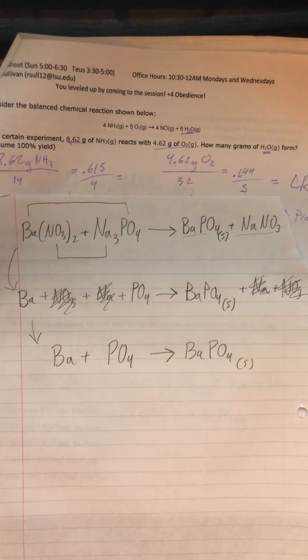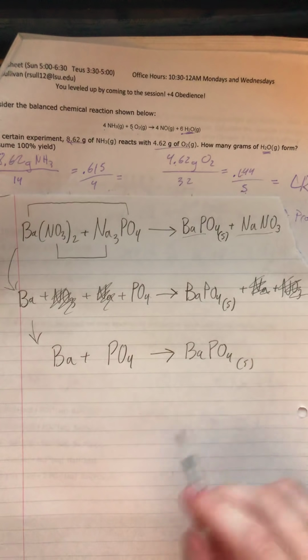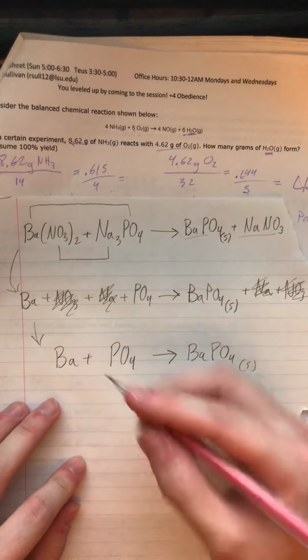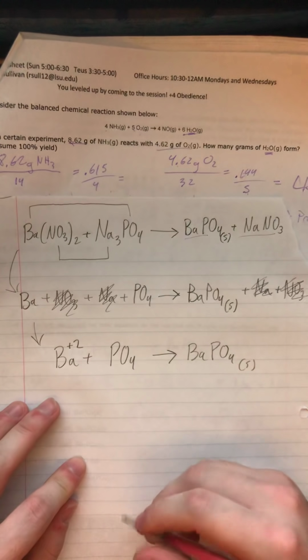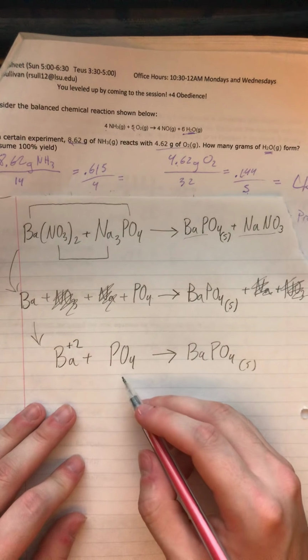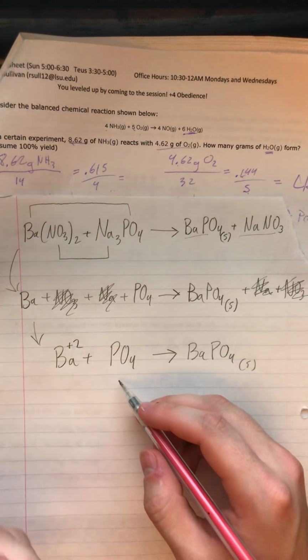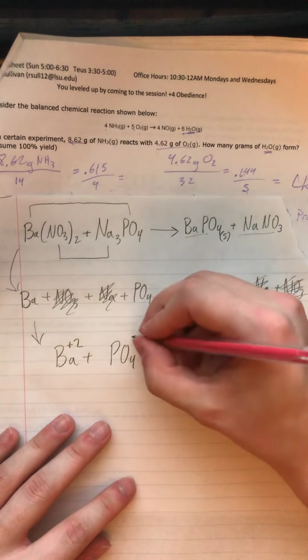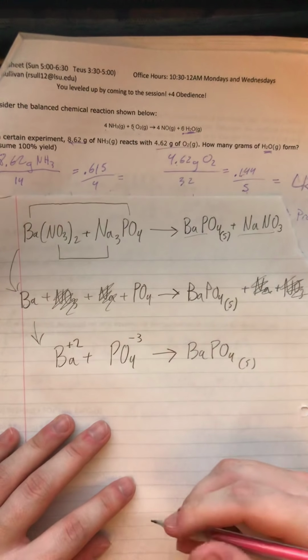Okay, now you're almost done. You just have to make sure that this is balanced. So start by putting charges in. The charge of Ba is +2 because it's in the second column. PO4 is a polyatomic ion. Hopefully you remember those. So you would know that PO4 has a -3 charge.